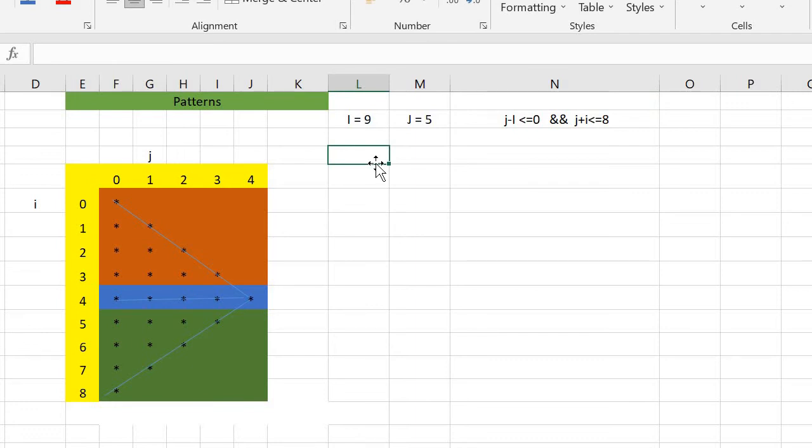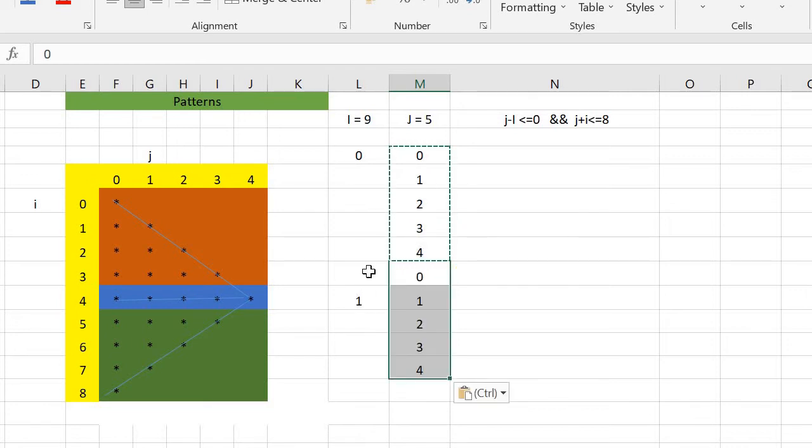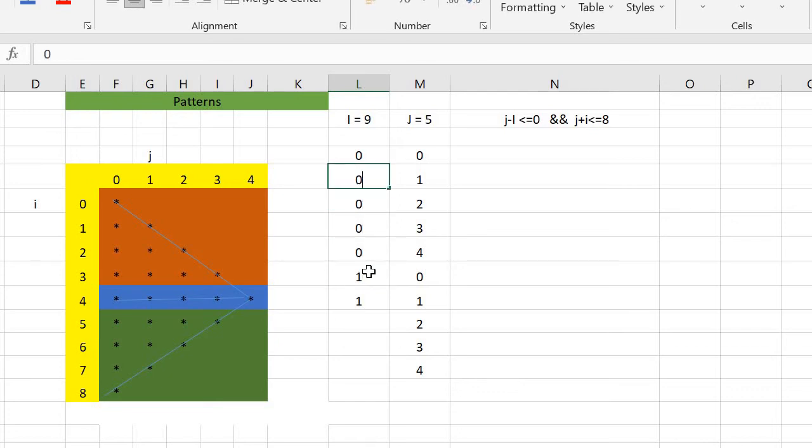Let us now check out some values. If i is equal to 0, j should work for 0, 1, 2, 3, 4 and 5. Right? Similarly, when i is 1, j should work again for 1, 1, 1.